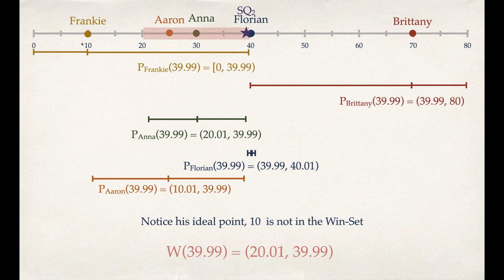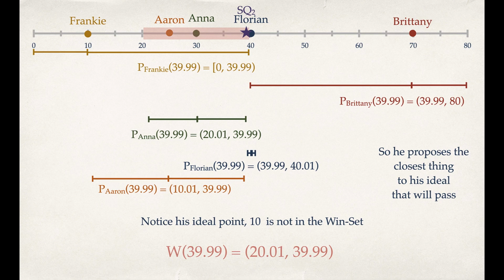If he proposed 10, it would be defeated. Aaron would not even vote for 10. He's the only person who would vote for 10. So he wants to propose the closest thing to his ideal point that is in the win set. The win set is from 20.01 to 39.99, so he wants to propose the closest thing possible.